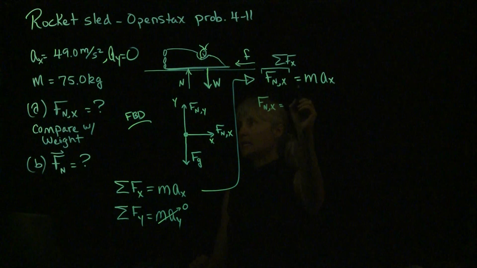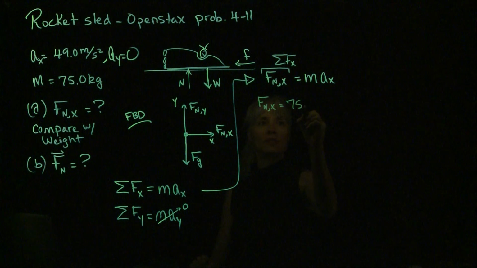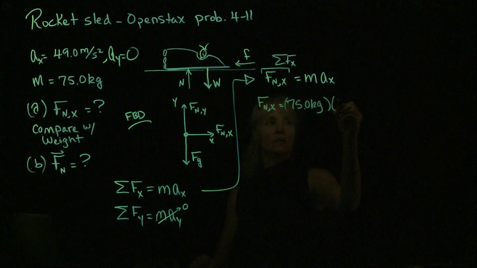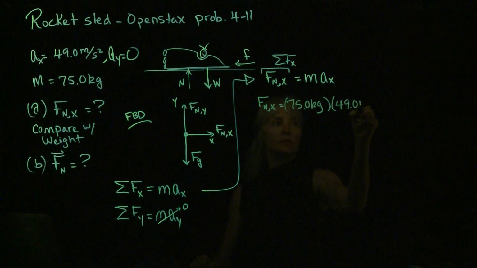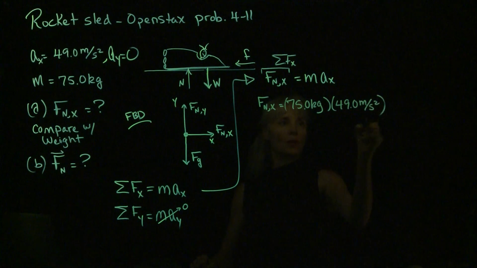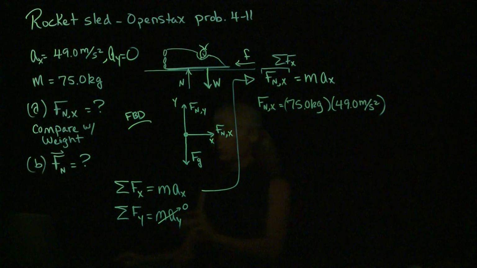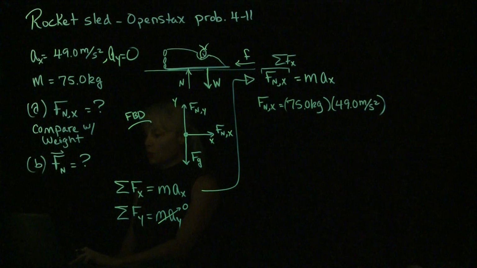So F_Nx then is going to be equal to the mass, which is 75 kilograms, times the acceleration, which is 49.0 meters per second squared. So multiplying 75 by 49, we can find the total number of newtons that is exerted by the back of the seat along the horizontal dimension.